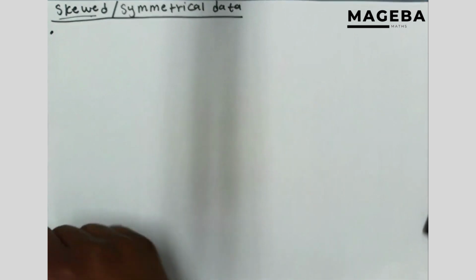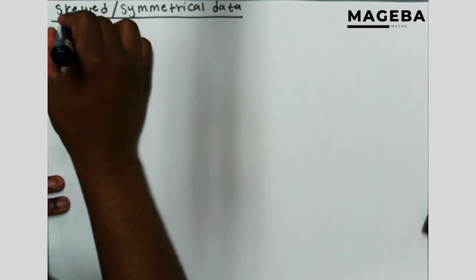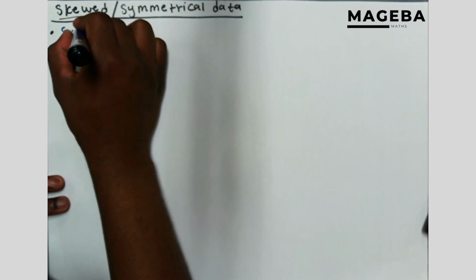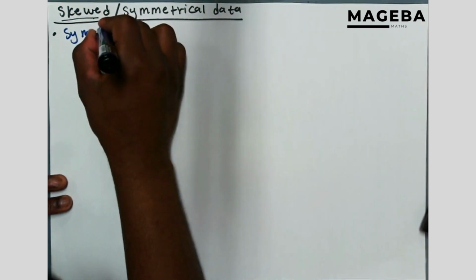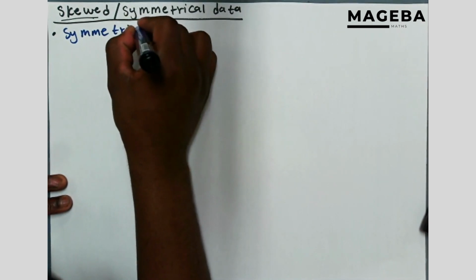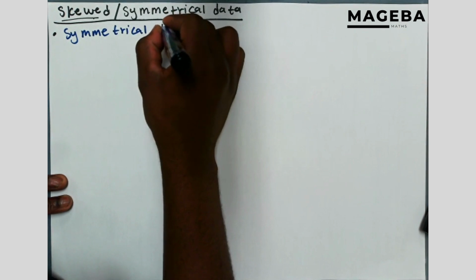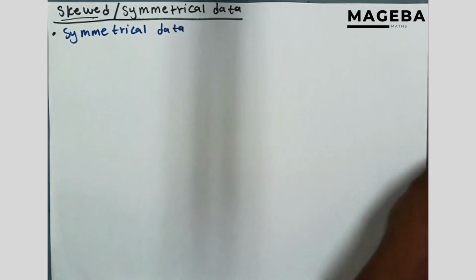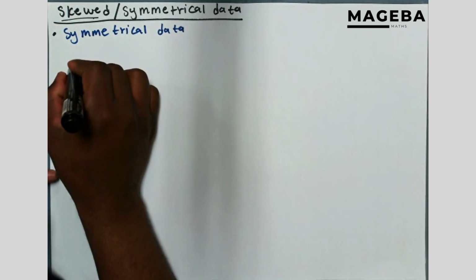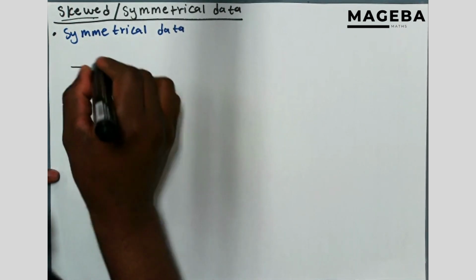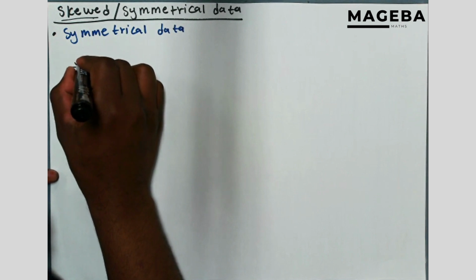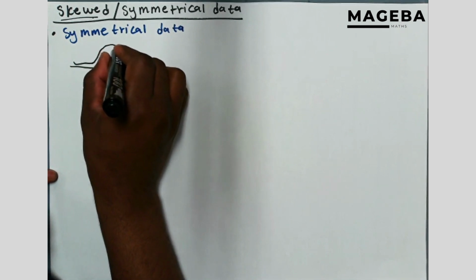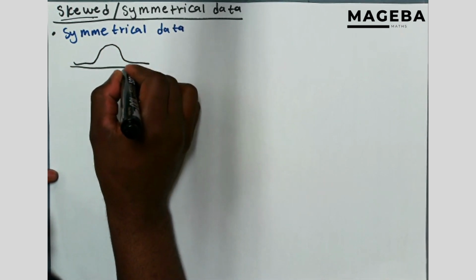symmetrical data. What is symmetrical? If something is symmetrical, I'm just gonna draw. I hope you have seen one of these mountains, if you call it a mountain, where I'm gonna make sure probably it's equal. I'm gonna try my best.